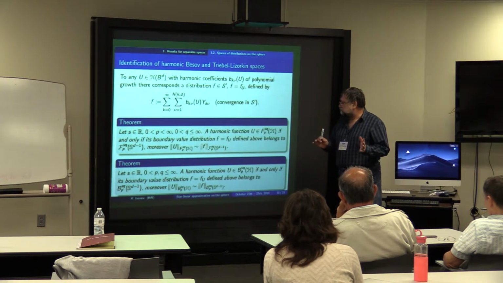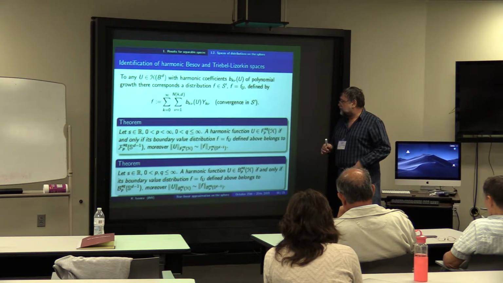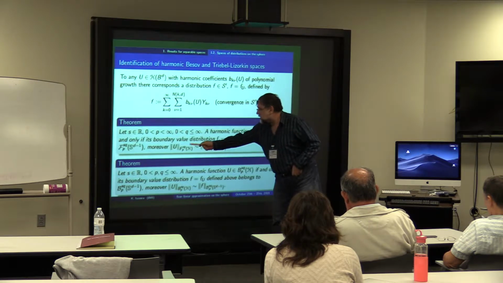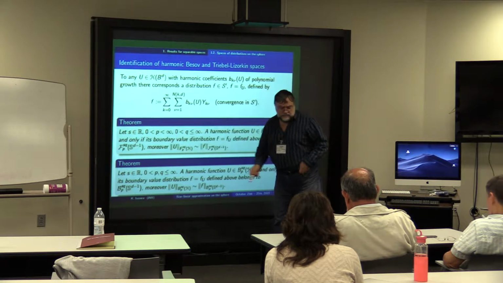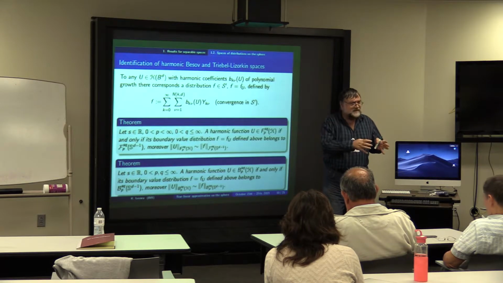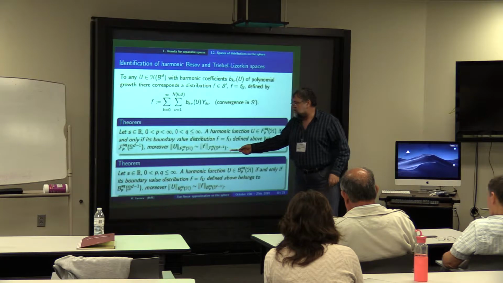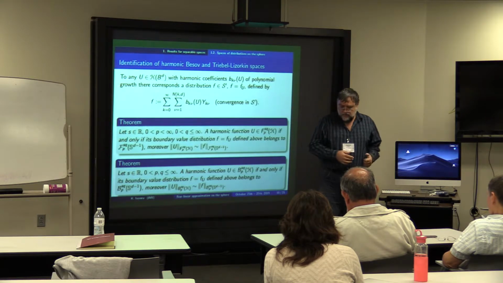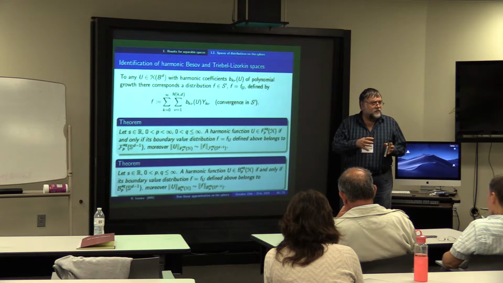Now, I'll recall to you that this norm here was defined purely in terms of the behavior of the function inside the ball. And this definition of the space was with the behavior of the function on the sphere.